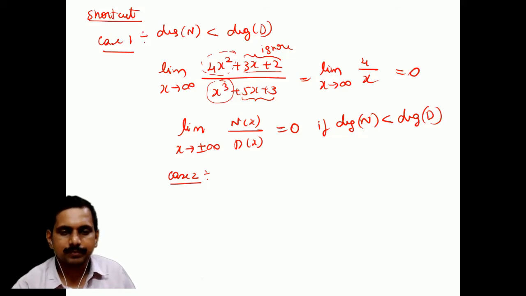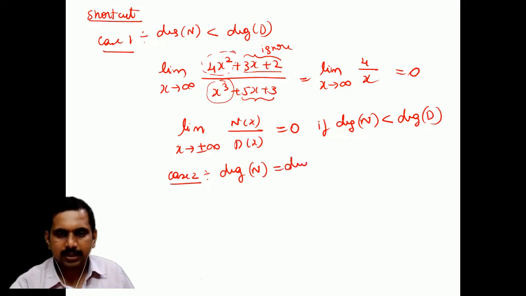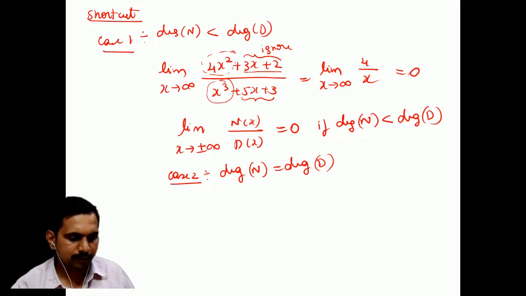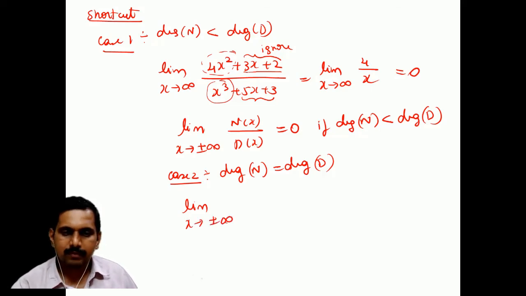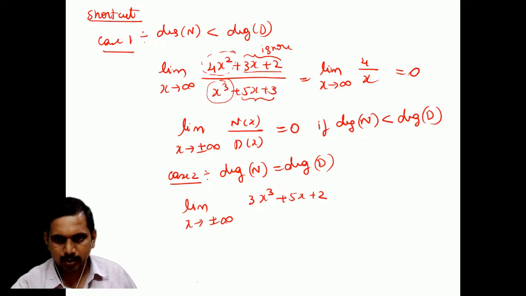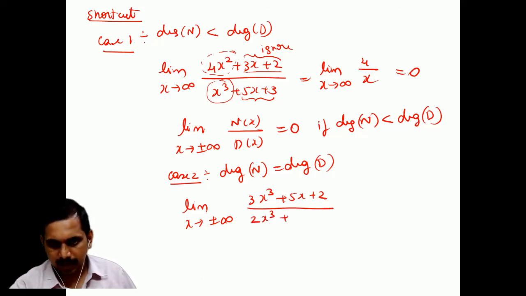Second case is degree of numerator equals degree of denominator. Then how to go about it? For example, let us say limit x tending to plus or minus infinity, 3x cube plus 5x plus 2 divided by 2x cube plus 2.